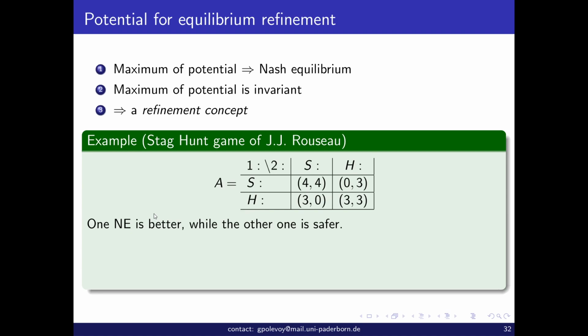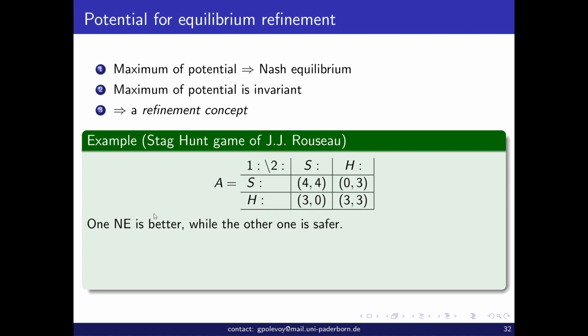Because if you maximize the potential, then it means that potential cannot increase if a single player changes her strategy, but by the definition of exact potential, the difference in the potential will be exactly the difference in that player's utility. So no player can increase her utility.